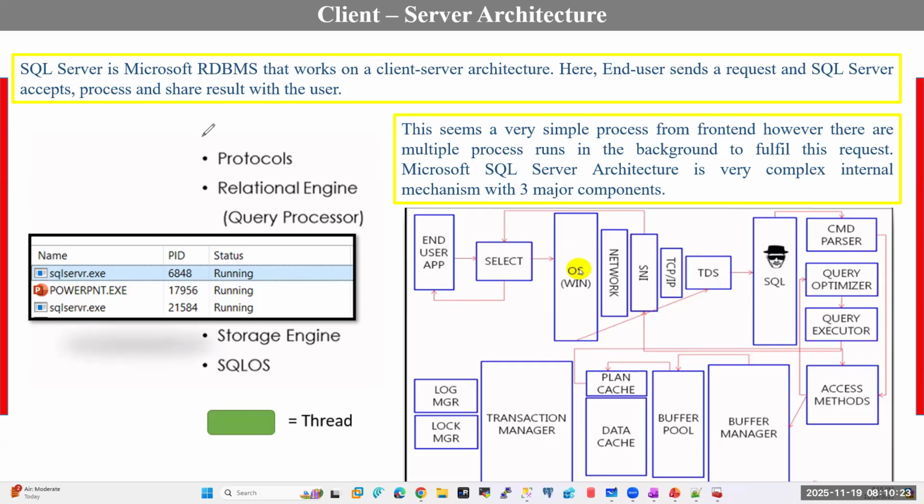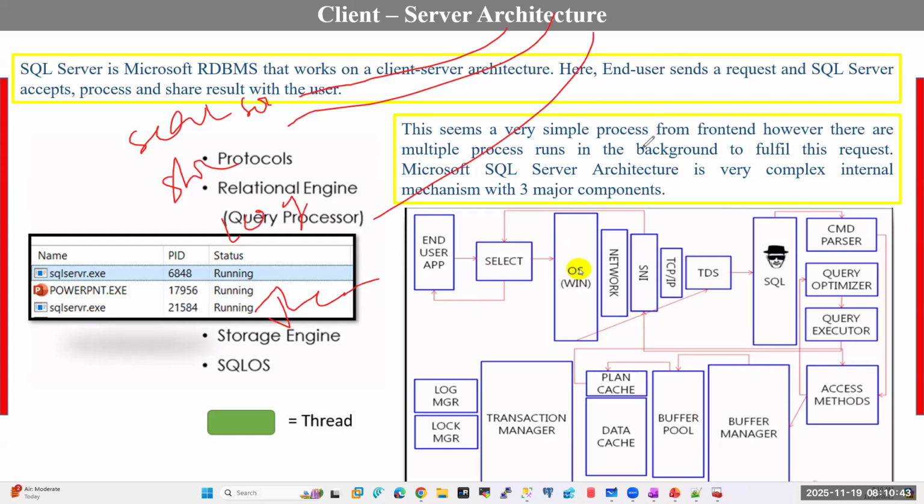Now, to answer that question and understand the flow, we must know about the architectures. We have a lot of architectures in SQL Server: SQL Server architecture, storage architecture, log file architecture, TempDB architecture, memory architecture. We must and should know these many architectures.